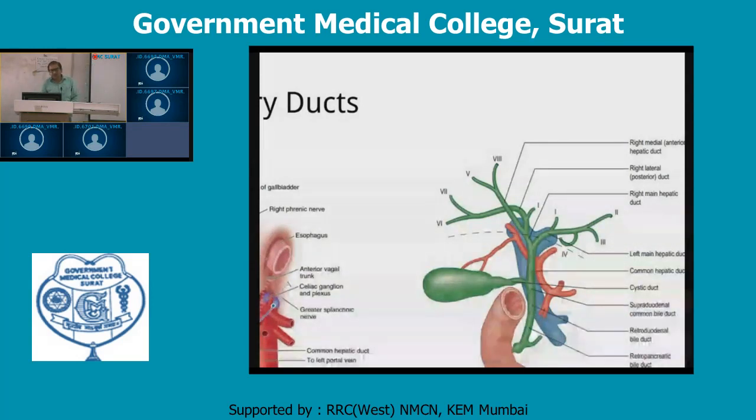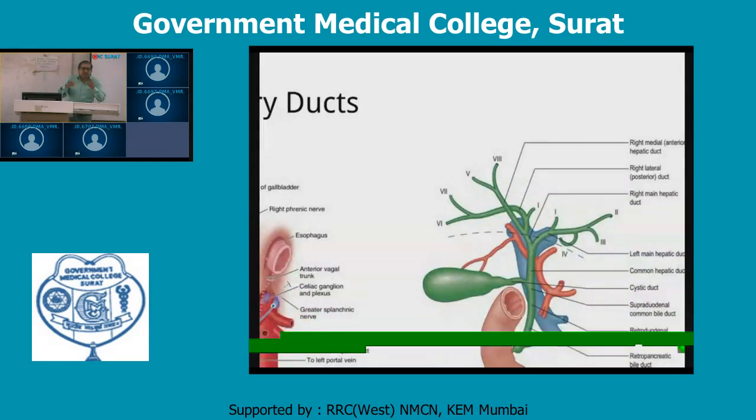Once again, recalling these important relations. The supraduodenal part is located within the right free margin of the lesser omentum. The structure behind this duct is the portal vein, and towards the left side is the proper hepatic artery. For the retroduodenal part, the structure in front is the first part of the duodenum, obviously.